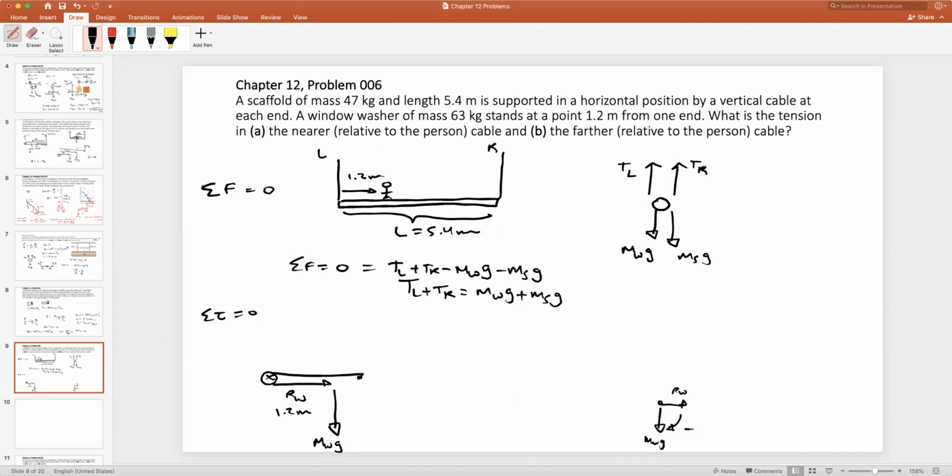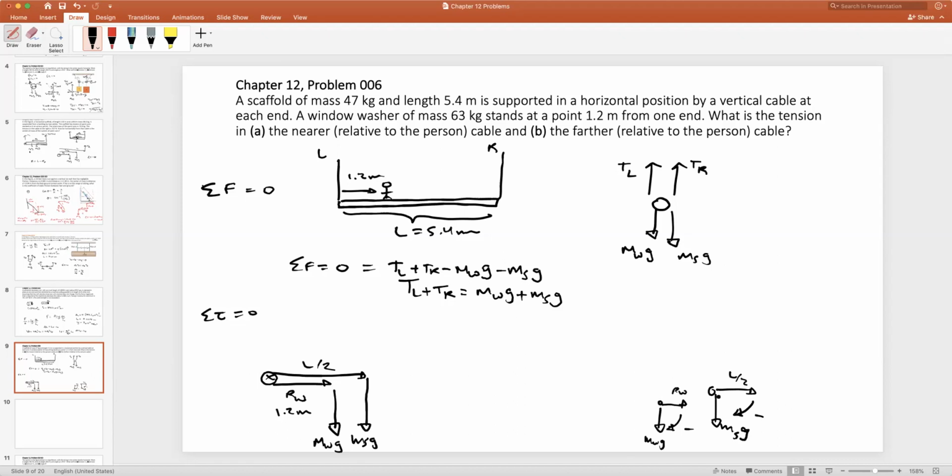Then we have L over 2, always at the halfway point, the mass of the scaffold times G. So again, L over 2, mass of the scaffold times G. This torque is again negative.